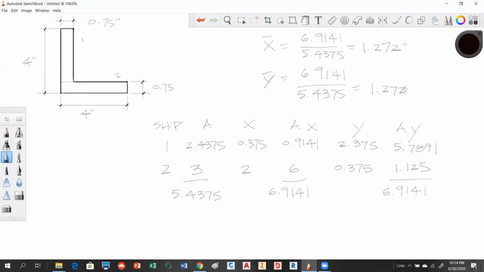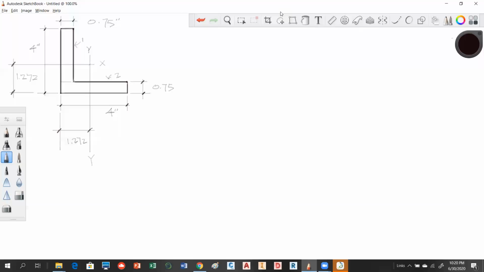Okay, so what that's telling us is that we're going to have our x bar, or our y-axis out here, our x-axis here, and that's what we're going to be utilizing for getting into the moment of inertia. So let me go ahead, we're going to put that on there, and then we'll drop into the moment of inertia.